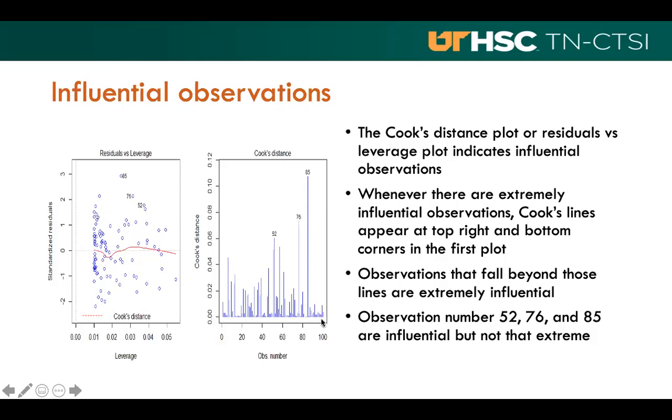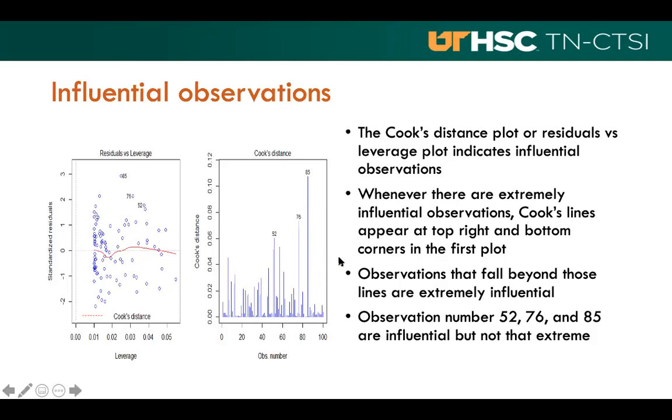In the second figure, we are plotting the observation number, like participant IDs, and the Cook's distance on the y-axis. If the Cook's distance lies above 1, the cutoff point some use, or others use 4 divided by the sample size minus the number of parameters, and the second one is very conservative.